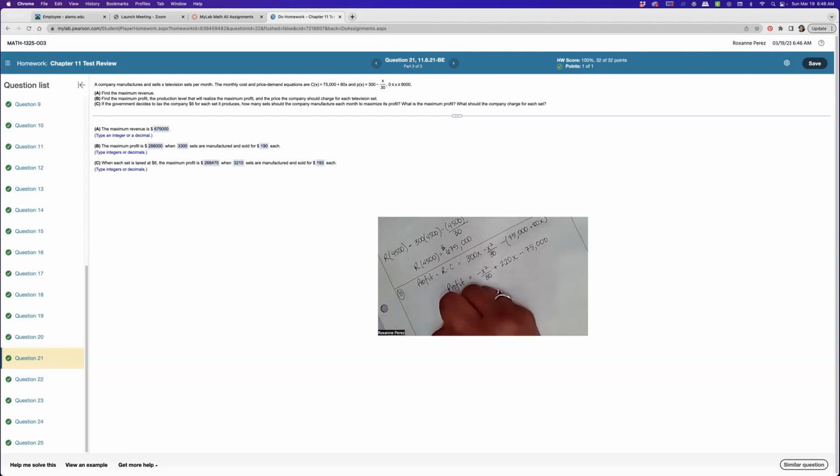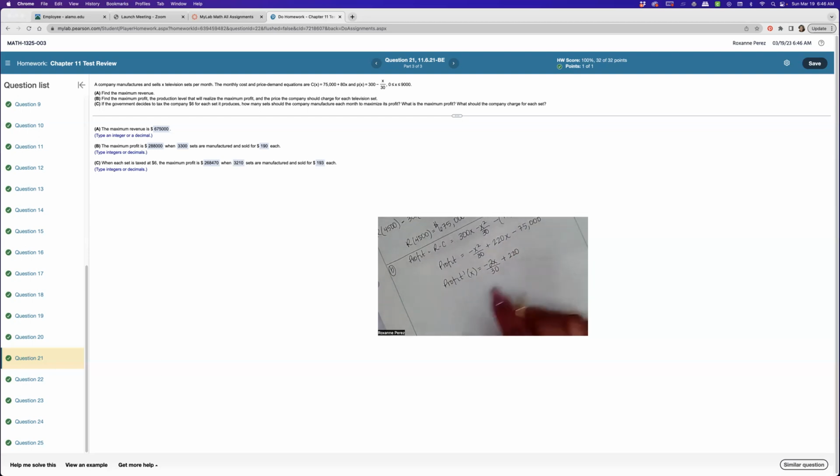Then we are going to take our first derivative of our profit function, and that's going to give us negative 2x over 30 plus 220.